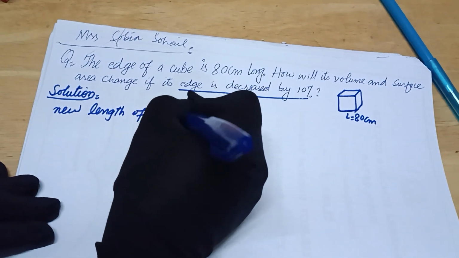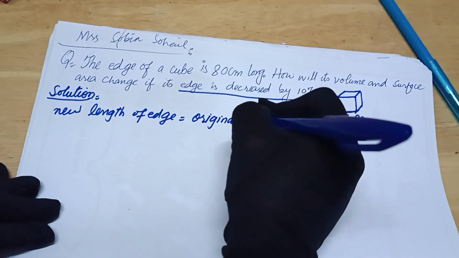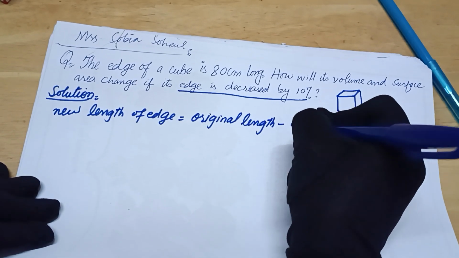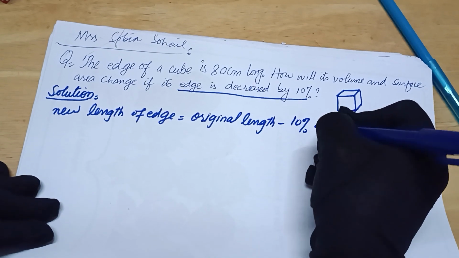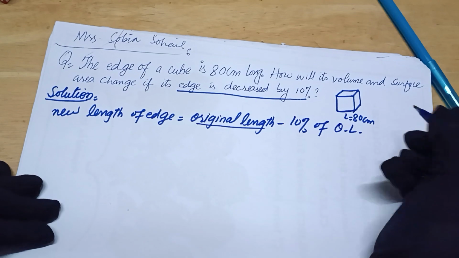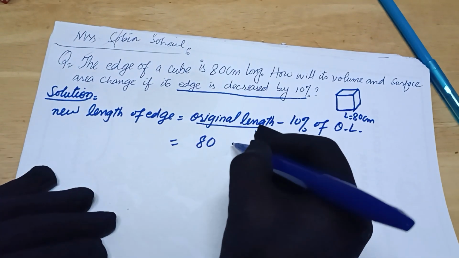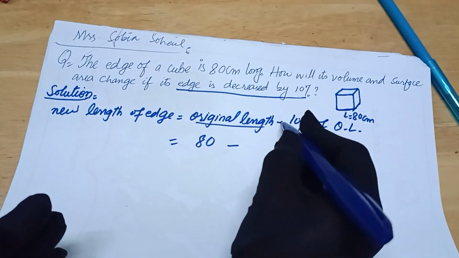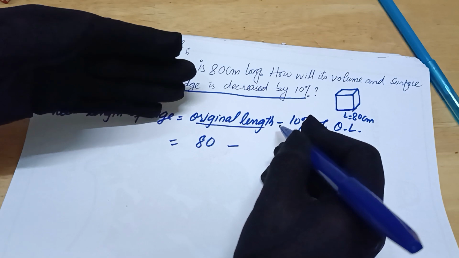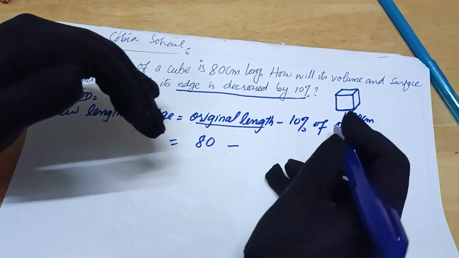New length of edge is original length minus 10% of this original length. I will write OL. Original length was 80 centimeters. It is decreased, so we use minus. If it were increased, you could add over here. Because the length is decreased by 10%, we minus 10% of it.